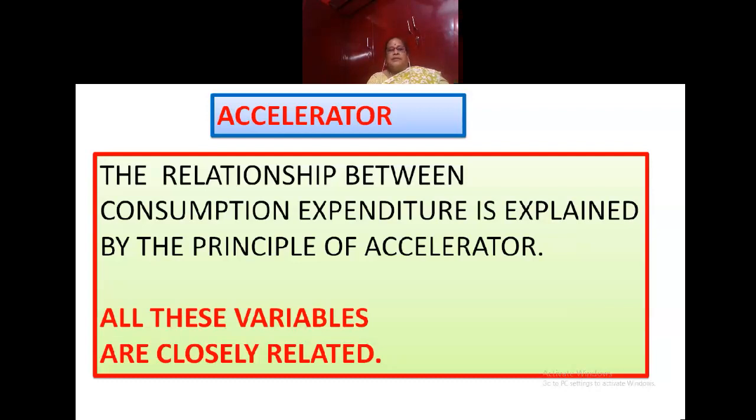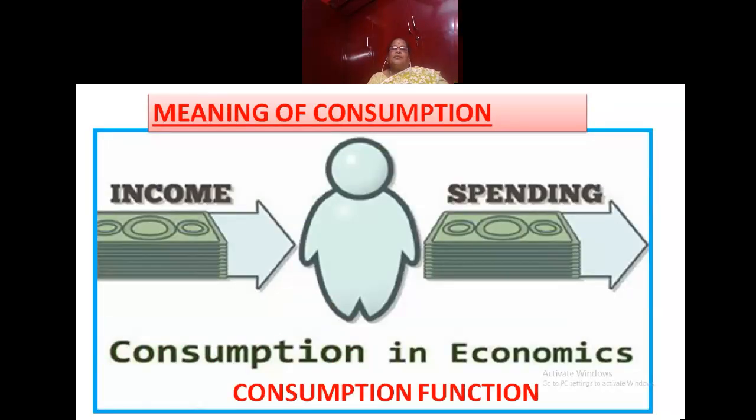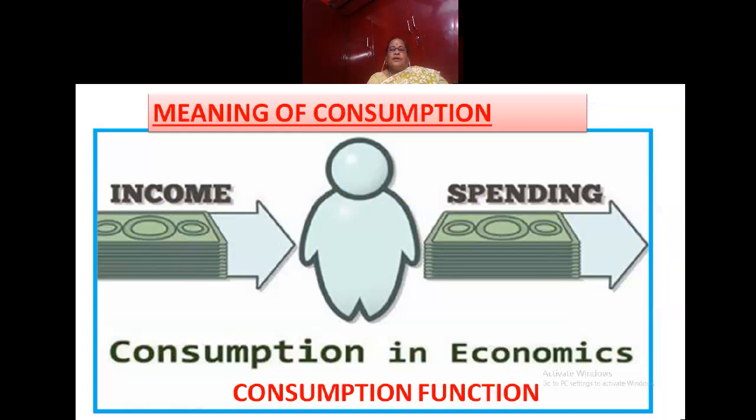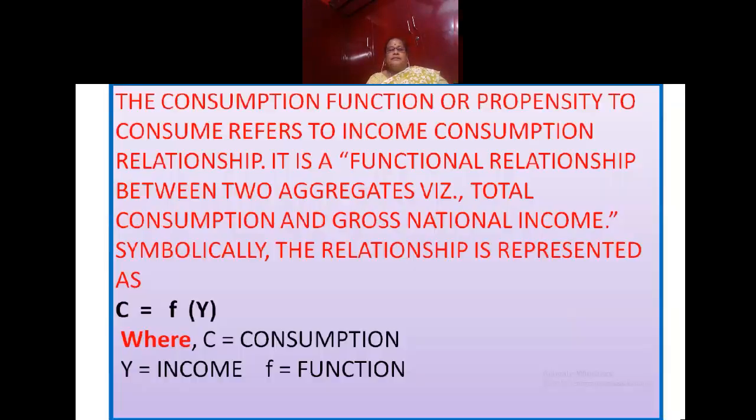All the four variables are closely related. Meaning of consumption. Consumption is nothing but utilization of goods and services. That means we are utilizing the income by spending.